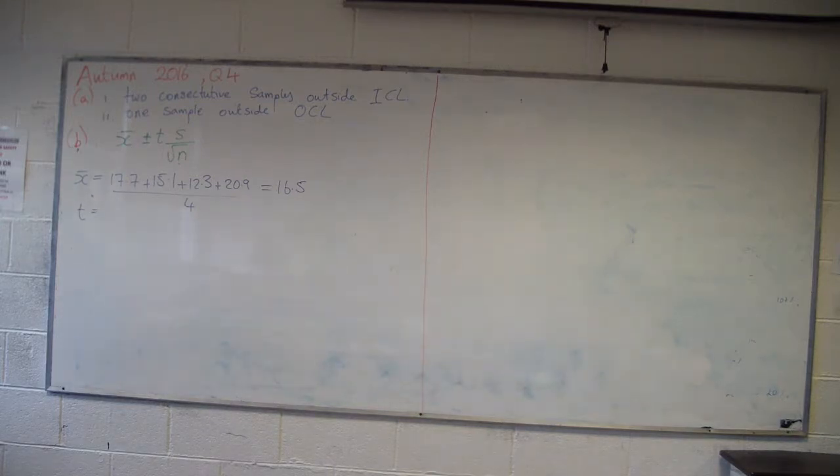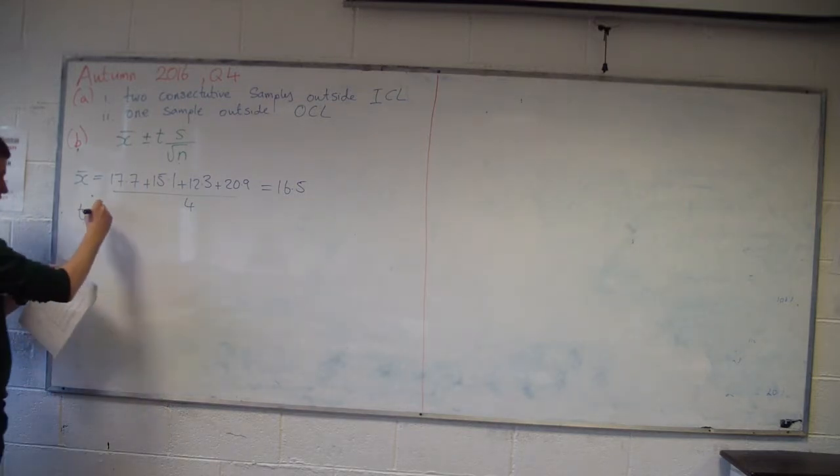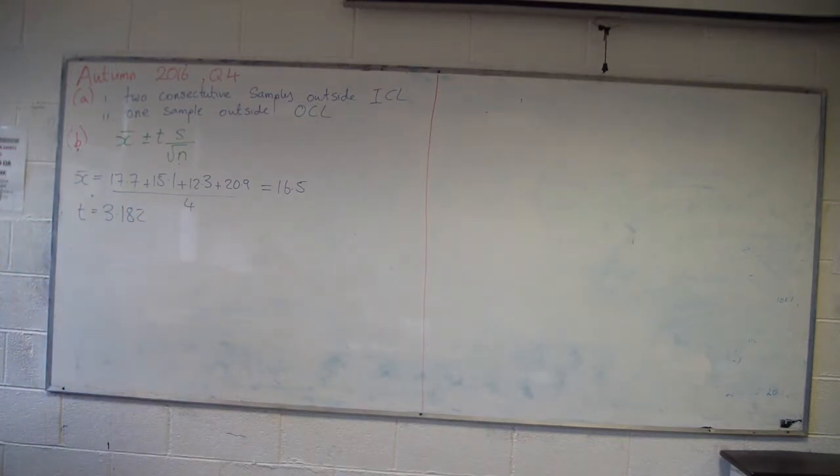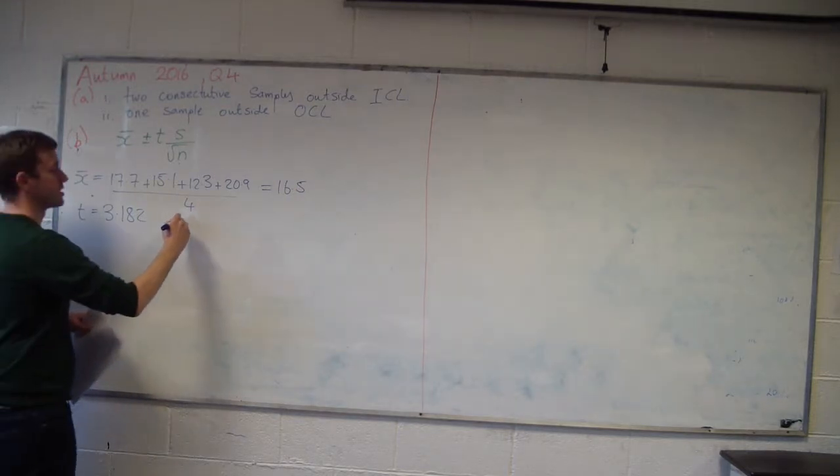If we've 95% inside, 5 is outside. And what will the n minus 1 here be? 3. So what will the value be? 3.182. So the 95% means the 5 outside, and n is the sample size. So your n minus 1 is 3, so just go across that. That will always be n minus 1 for what we're dealing with anyway.